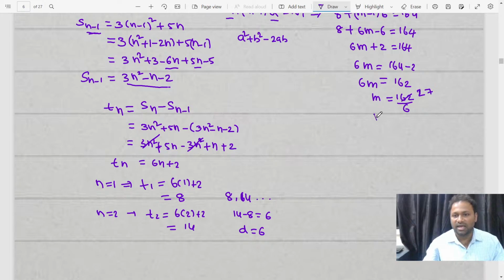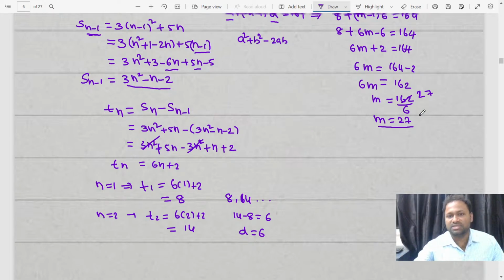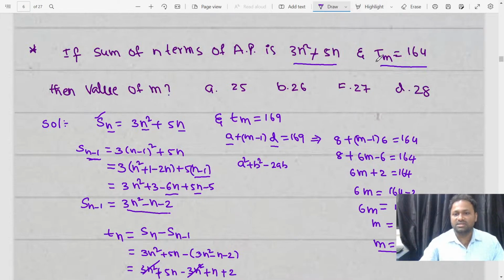Here we got m is equal to 27. So just a small change gave a different answer. By substituting n minus 1, we got the correct answer m is equal to 27. Okay, thank you. Thank you for watching.